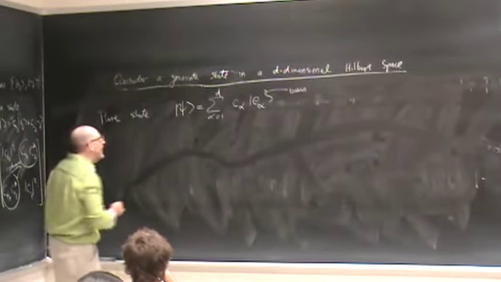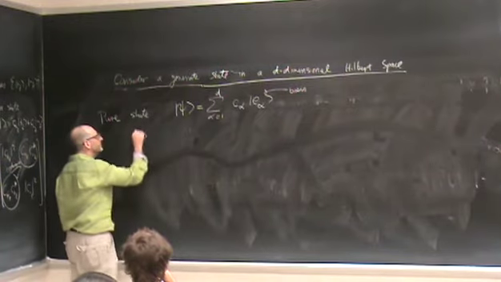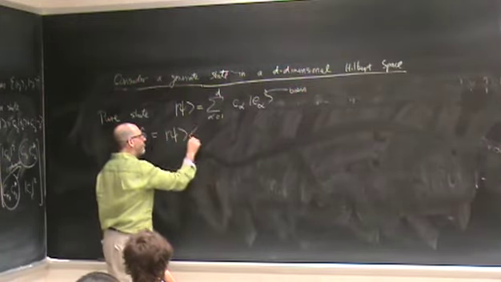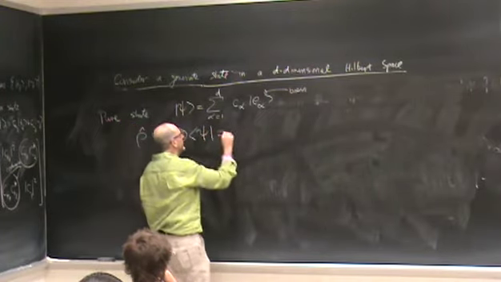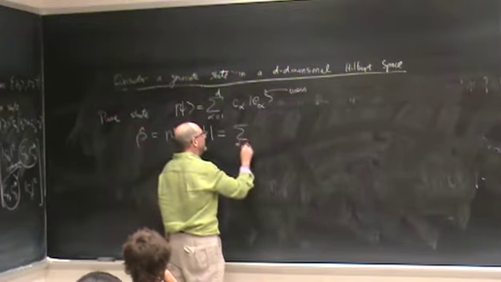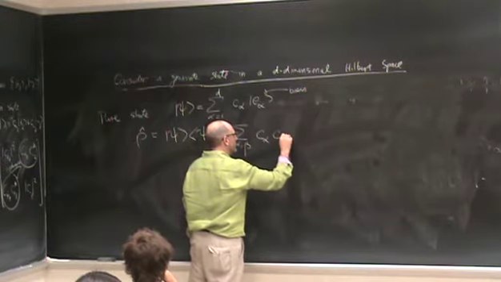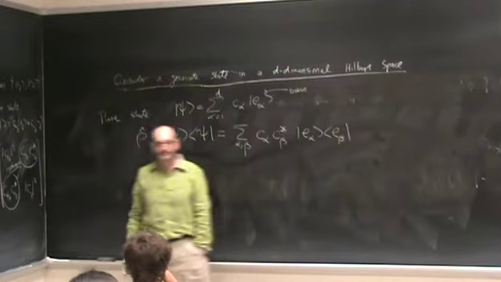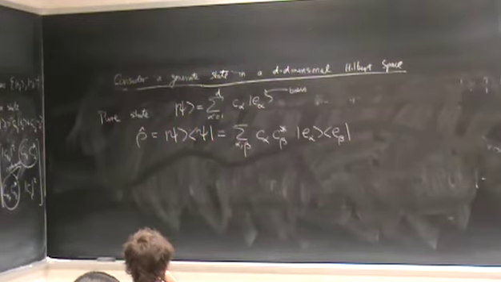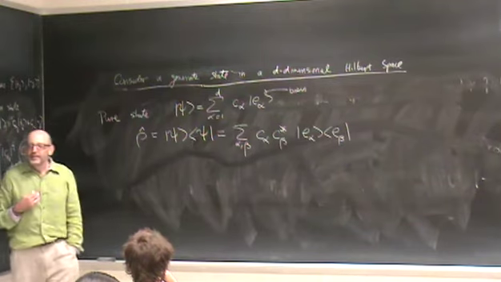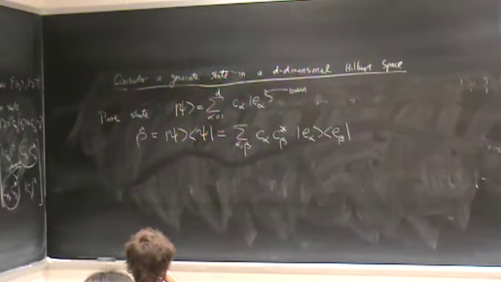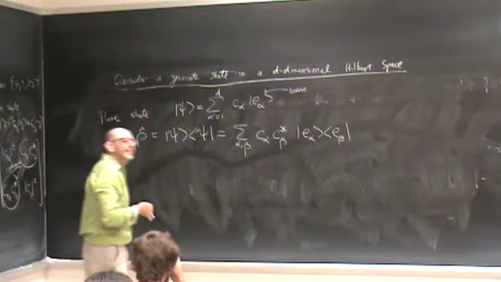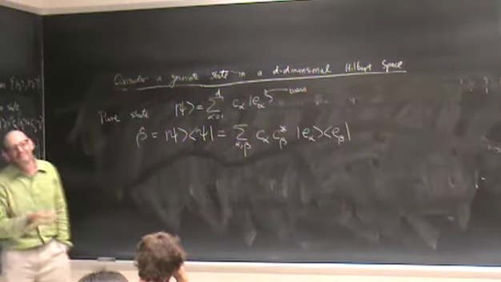Written as a density operator, this pure state is a sum over these two indices. So the elements of the density matrix, which is called the density operator, which is called the density matrix. People use that term interchangeably. People talk about the density matrix, even when they're talking about the operator.